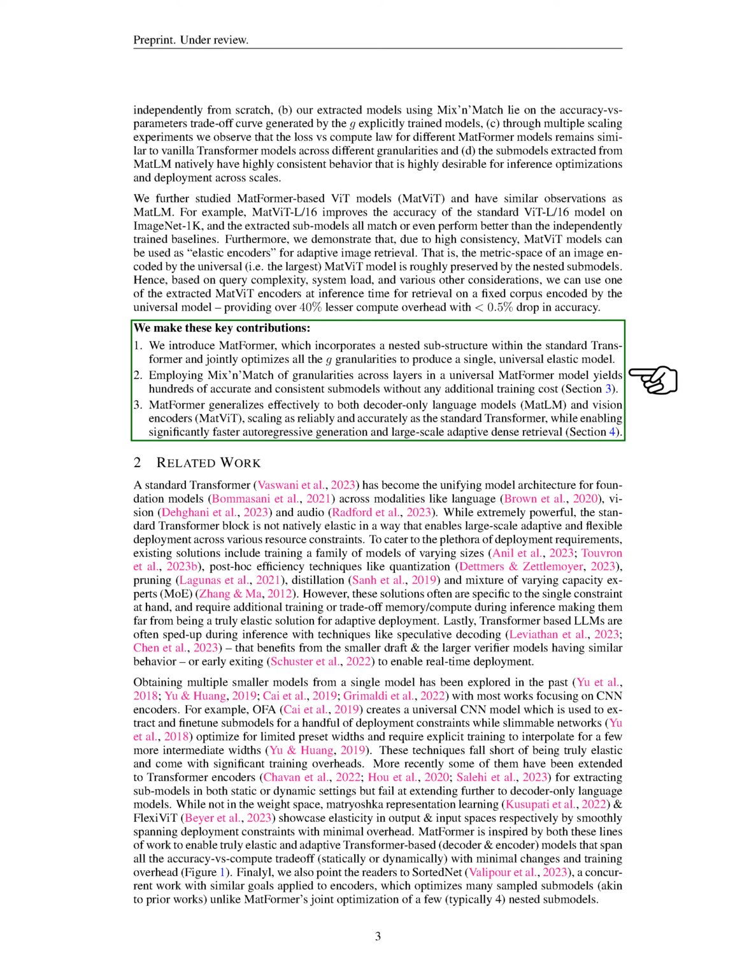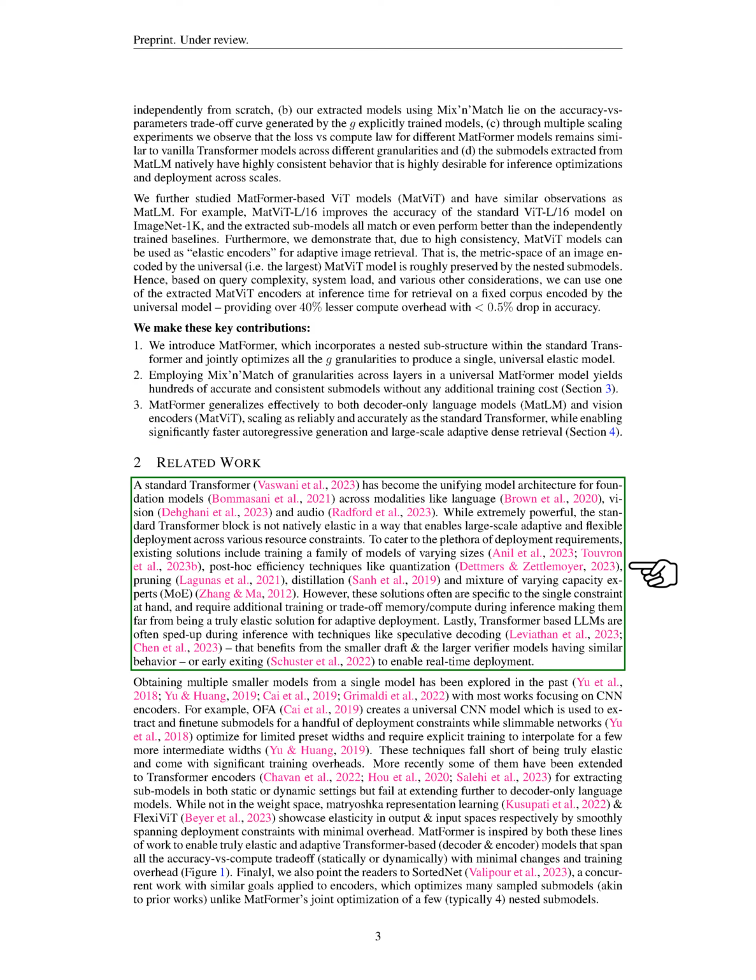Section 2. Related work. Let's delve into the existing work and our proposed model, MatFormer. The standard transformer model has become a cornerstone for foundational models across various fields such as language, vision, and audio. However, it lacks the flexibility to adapt to different resource constraints, which is crucial for large-scale deployment.